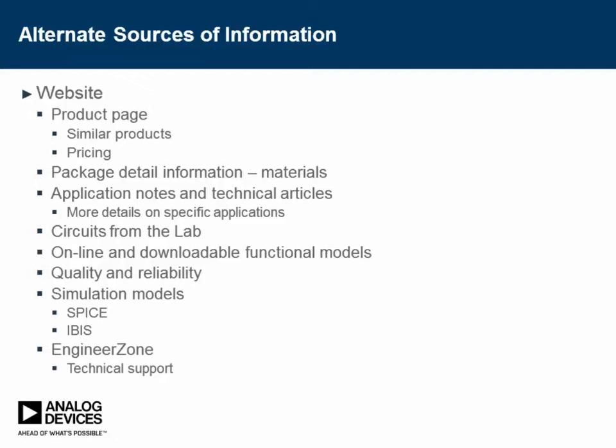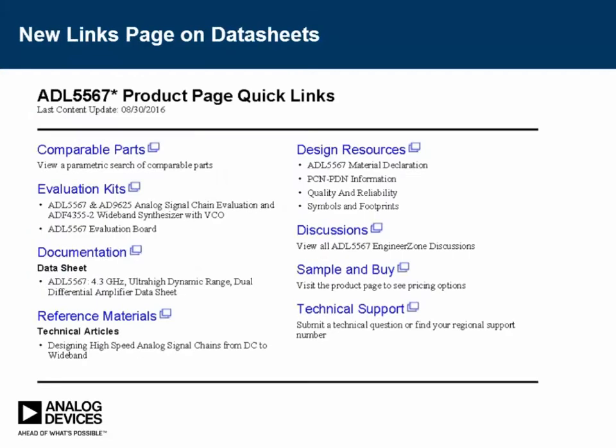The models, in other words, the simulation models for the product, are either online or downloadable into packages like Spice. Then quality and reliability, and the Engineer Zone for tech support. So a lot of extra information that you can find online.